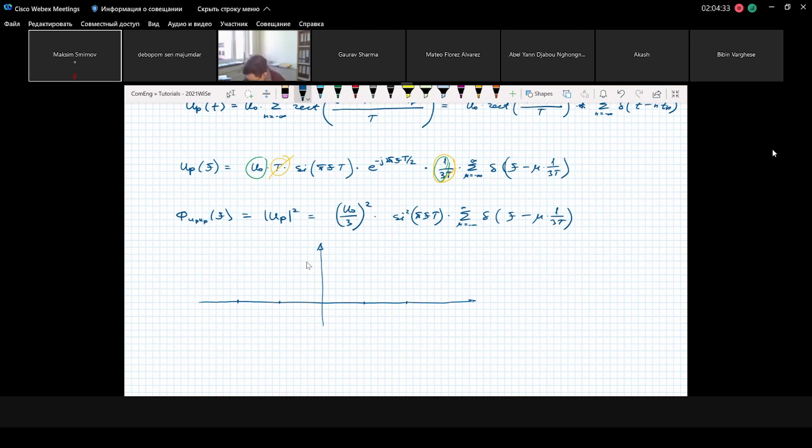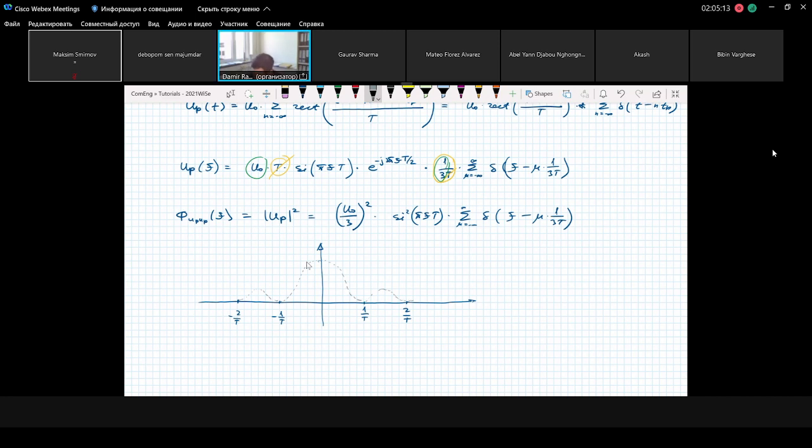This interval corresponds to 1 over capital T, then 2 over capital T, minus 1 over capital T, minus 2 over capital T. And we need to plot the sinc squared function. Again, it's just the envelope, so let me show it with this dashed line.